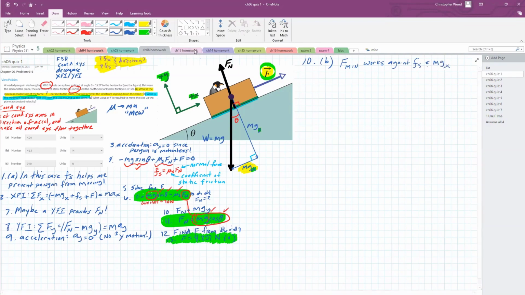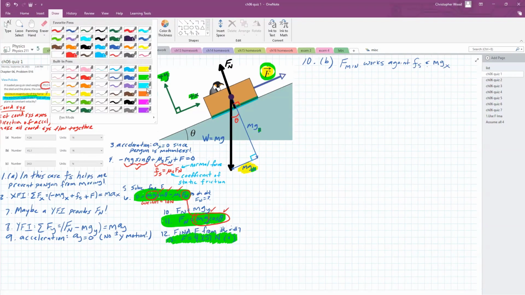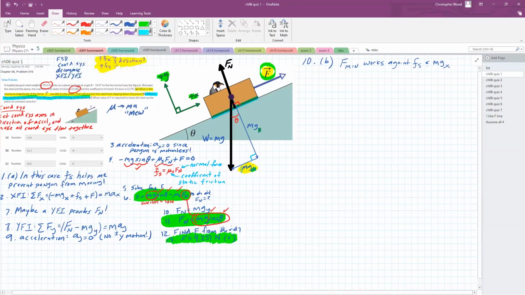All right, so let's just talk about what's trying to pull this box down. What's trying to pull this box down? MGX. MGX is trying to pull this box down. Okay. What else is trying to pull this box down?